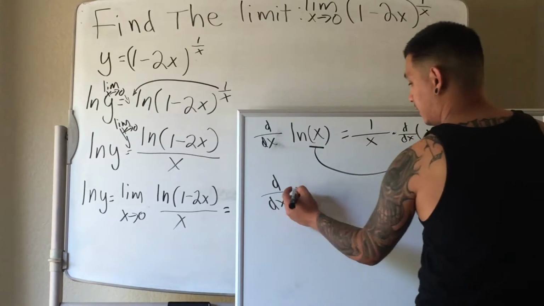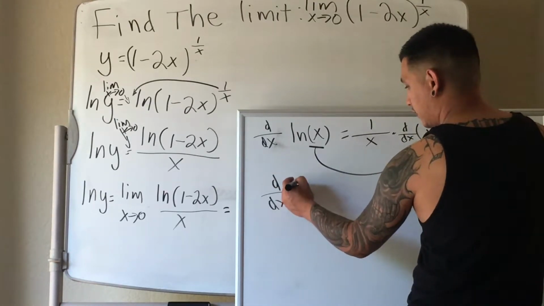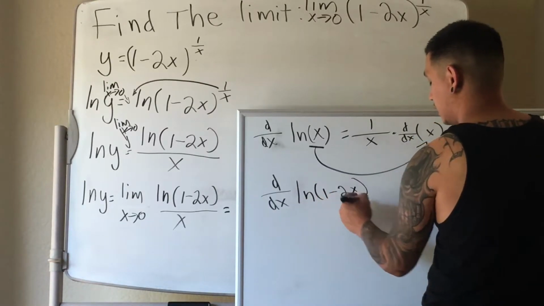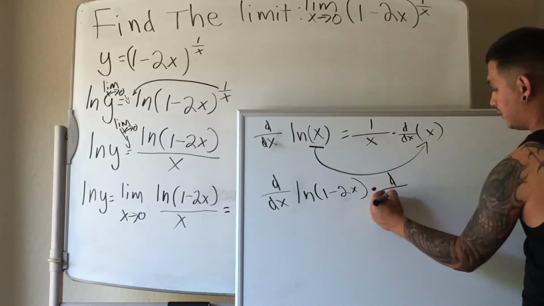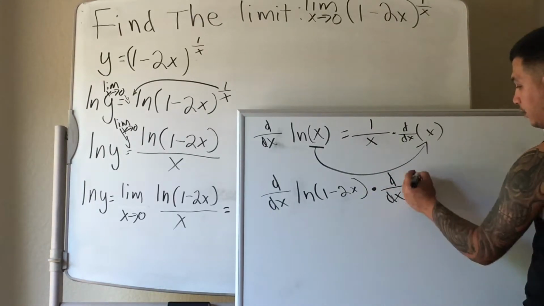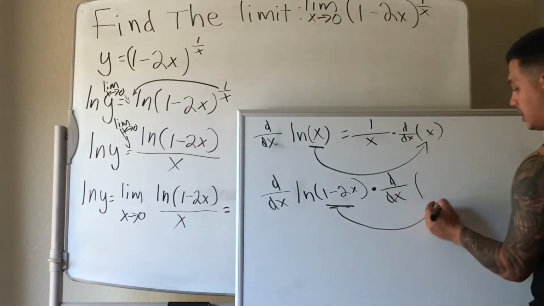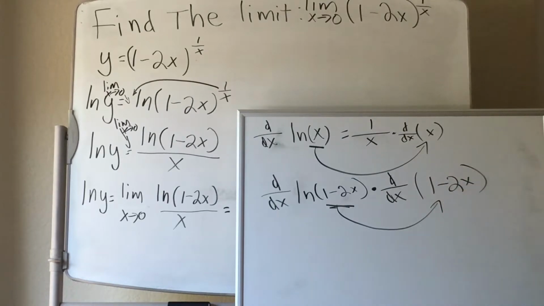The derivative of ln(1 minus 2x) is 1 over (1 minus 2x) multiplied by the derivative of what's inside, 1 minus 2x.